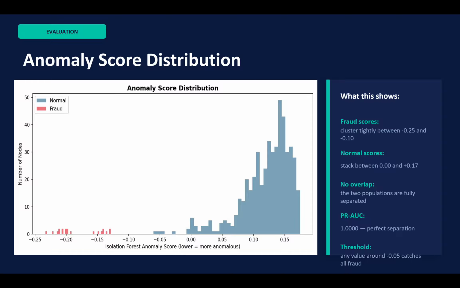There is 0 overlap. You could draw a line anywhere between -0.05 and 0, and you would catch every fraud node without touching a single normal one.